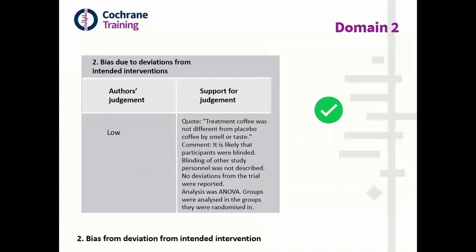So what we'd like to see is a support for judgment that is answering each of the parts of the signalling questions, addressing each of those aspects of deviations from interventions.